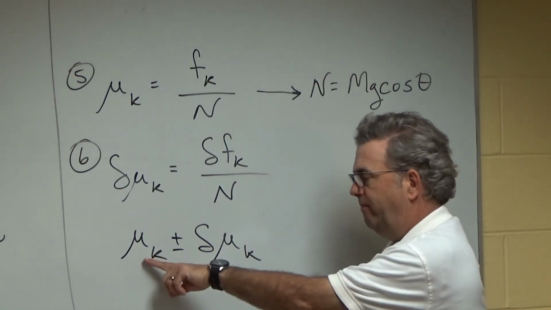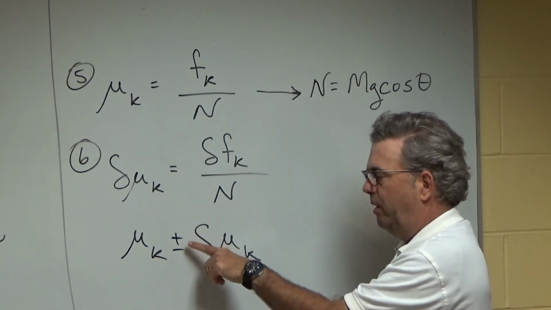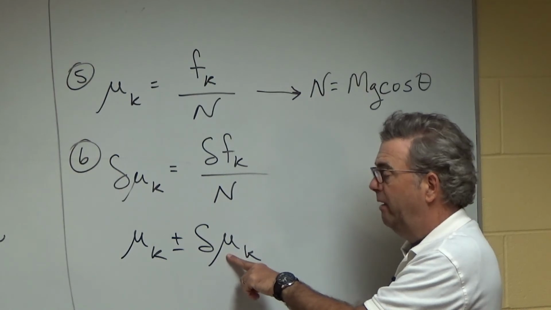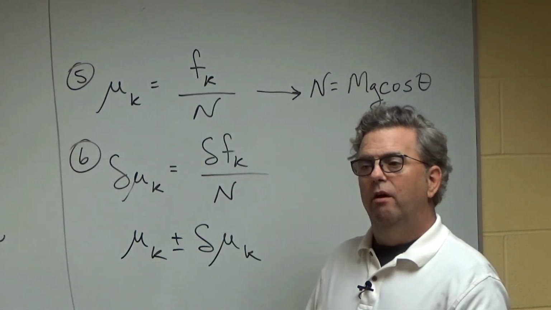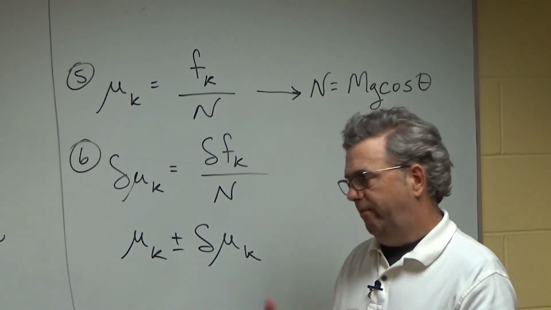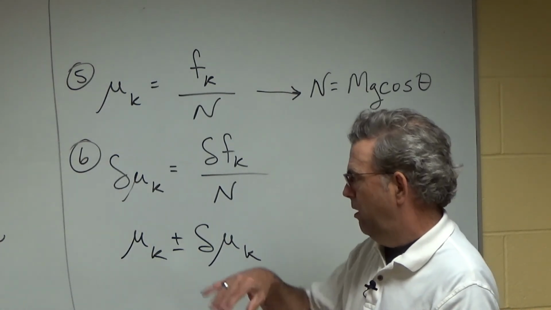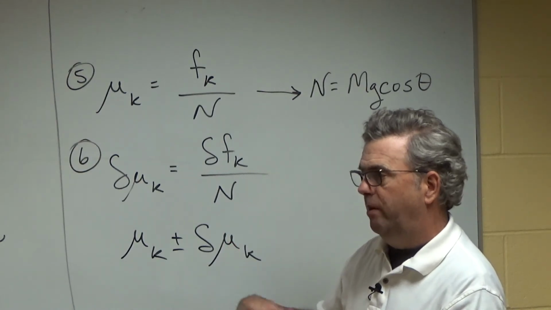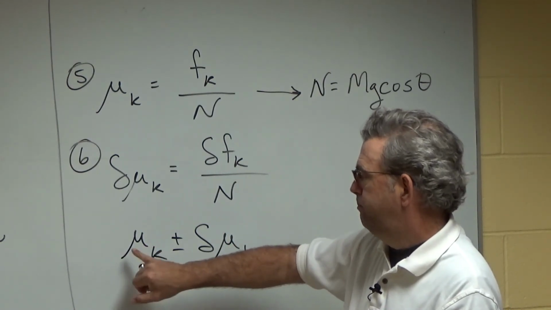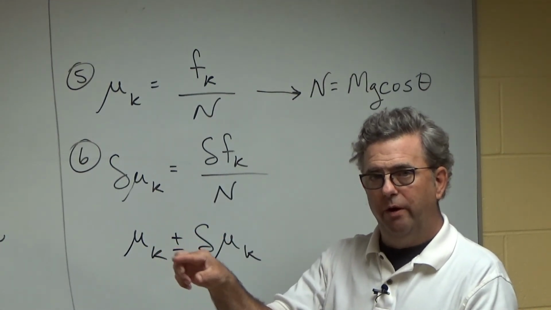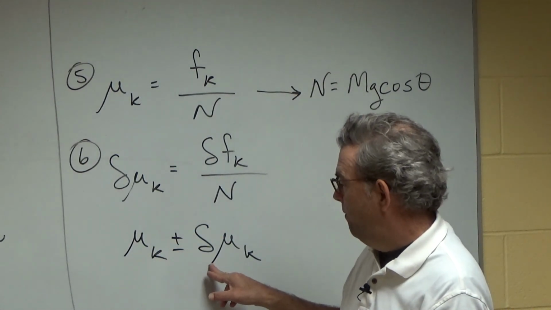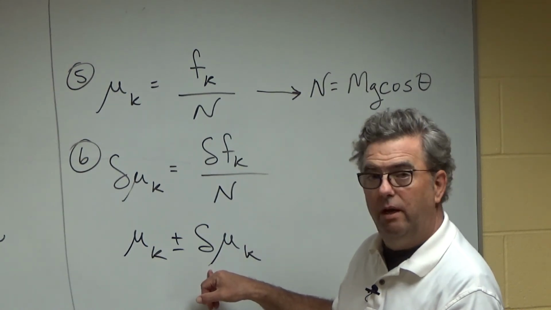So you'll have a value for mu k and then plus or minus delta mu k for the uncertainty. That gives you a range in mu k. For all of these runs, if it's a good experiment, a good lab trial, all those mu k should be very close to one another, and they should all agree within the limits of uncertainty, which is delta mu k.